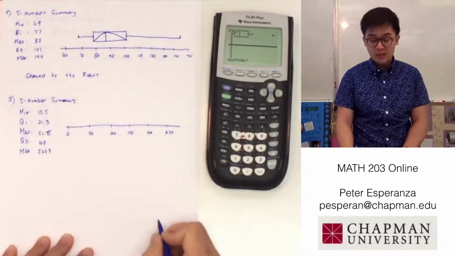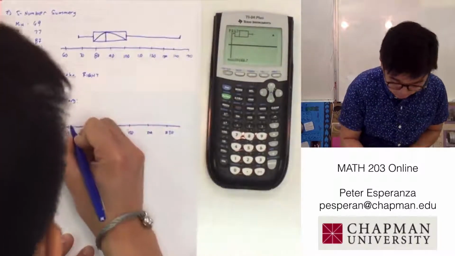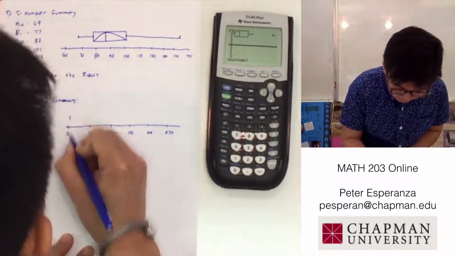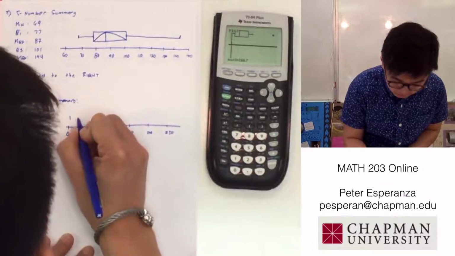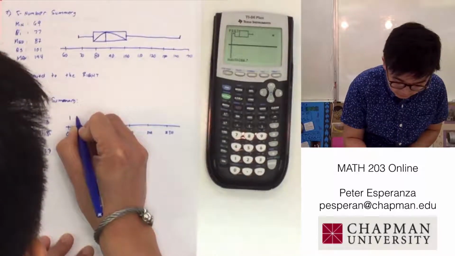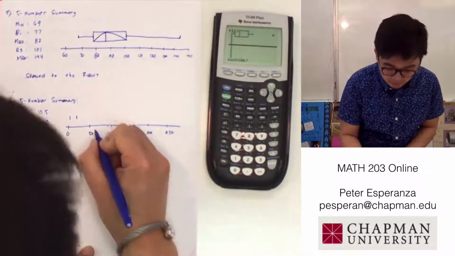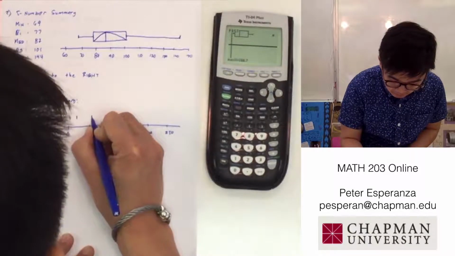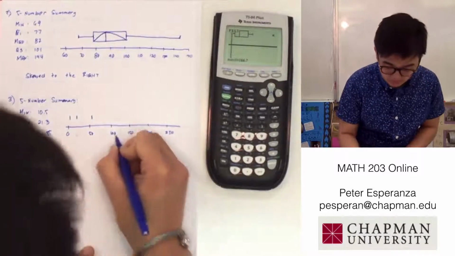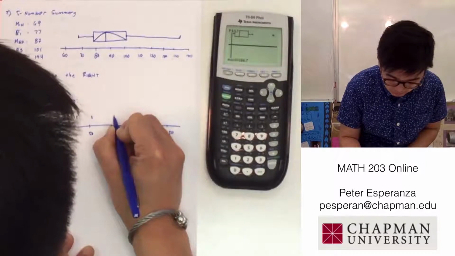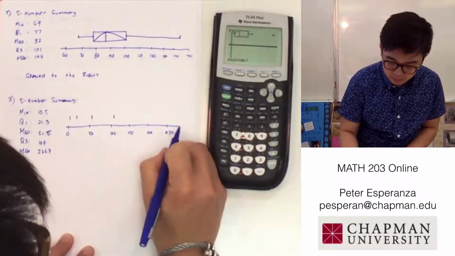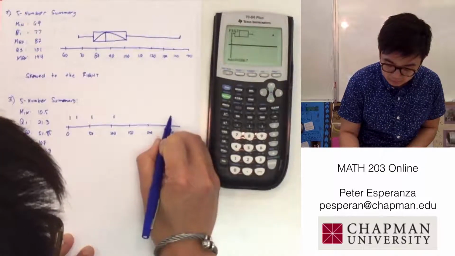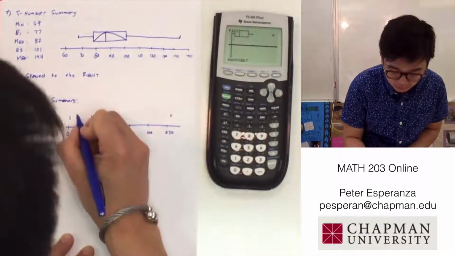So just to sketch our box plot, it's at 10.5, so somewhere here, 21.3, so let's say somewhere here, 51.85, and 107. Maximum of 266.7, so somewhere here. And we know that that is our outlier.